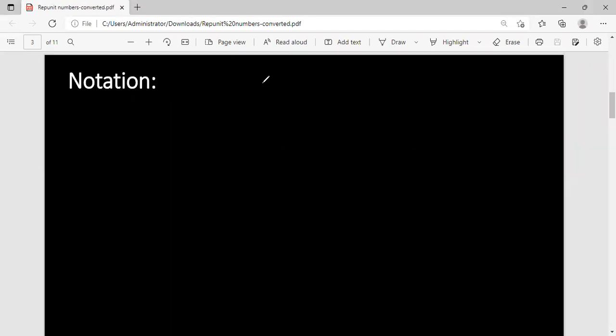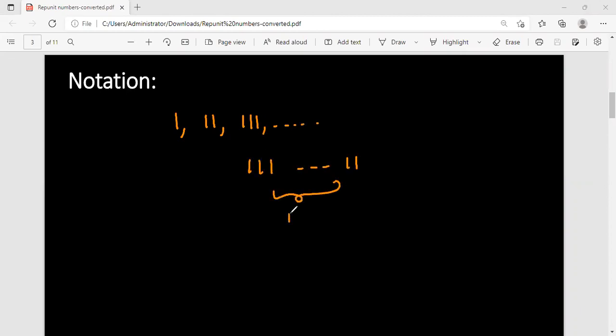First of all, let us understand the notation for Repunit number. Writing 1 is easy, double 1 is easy, triple 1 is easy. But if I want to write 1 written 100 times, it will be very difficult, right? So there is a notation to write a Repunit number. R stands for Repunit number.